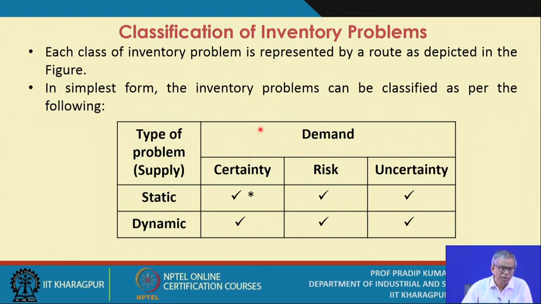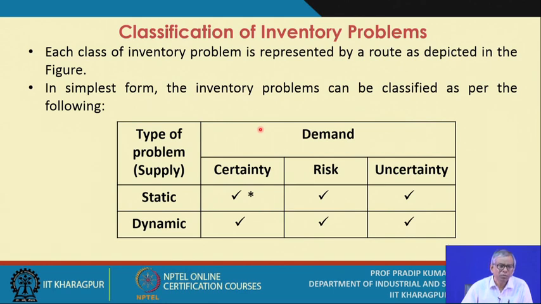Here your main objective is to run an inventory control system, meeting all the objectives, in such a way that the cost of running the inventory control system is minimum.